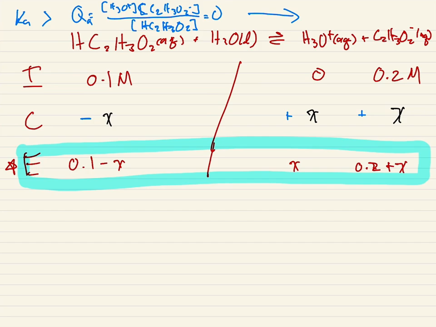So we set up the whole ICE table just to find these concentrations, right? We found them in terms of some arbitrary variable, and we need to solve for what that variable is first.